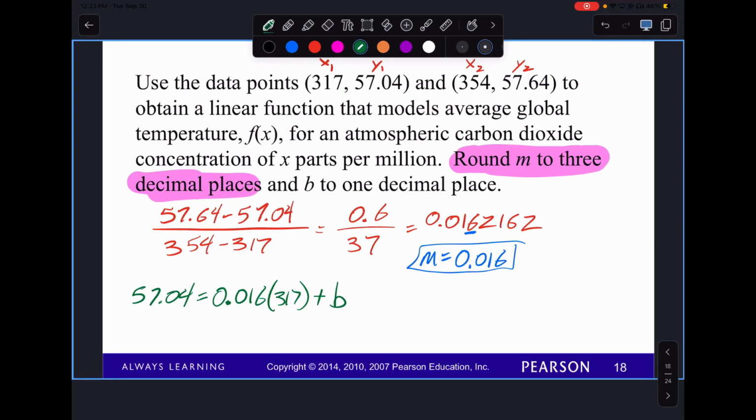So we're going to multiply first. For my multiplication, I get 5.072 plus b equals 57.04. Then we subtract. And I get 51.98968.